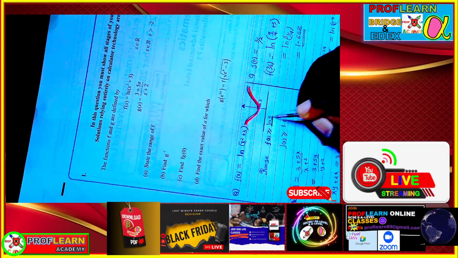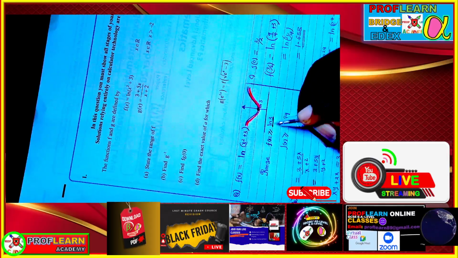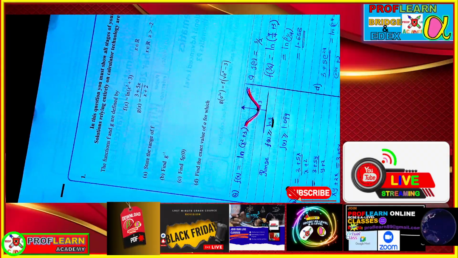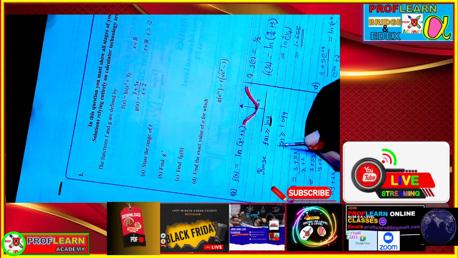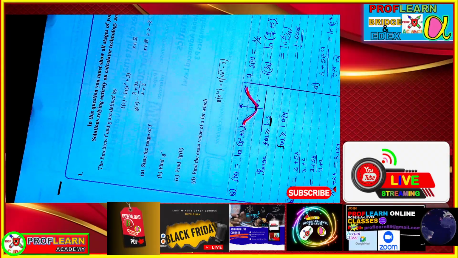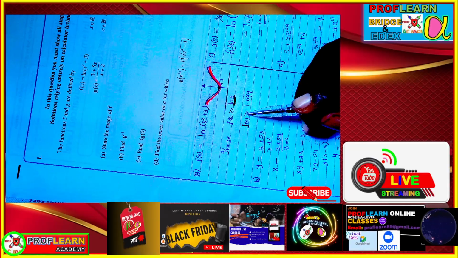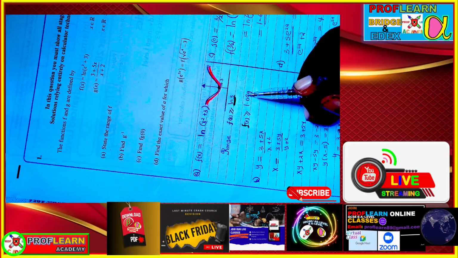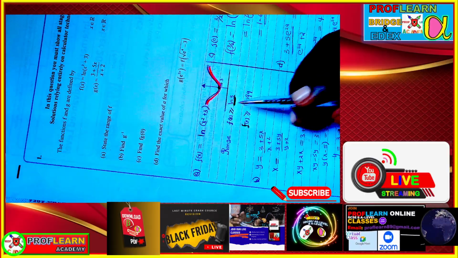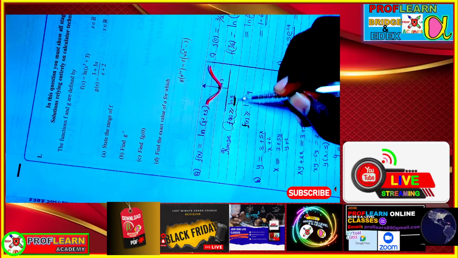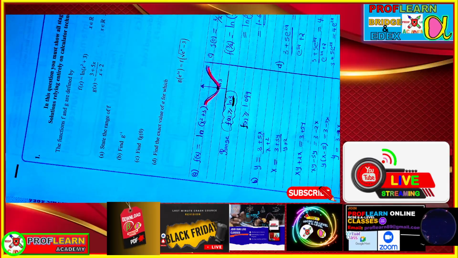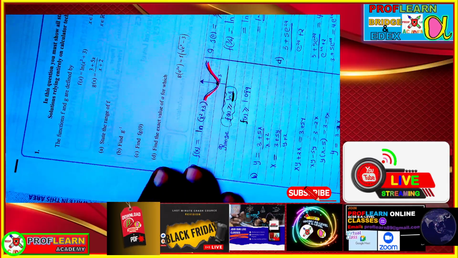So the y value will be any number greater than or equal to ln of 3. So the range of f of x becomes f of x greater than or equal to 1.09, or you can even give it in terms of ln like that, and that is still going to be correct.